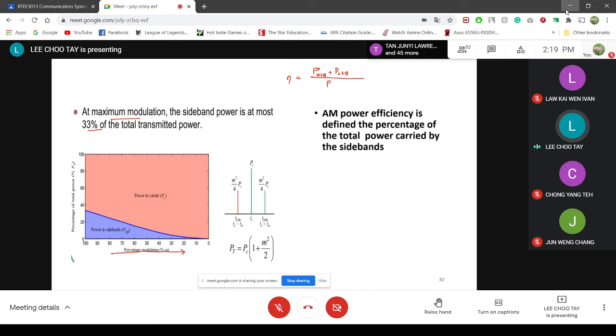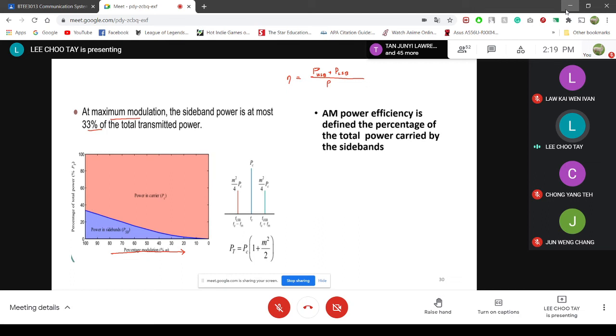And then for sine, what do I get? Sine X sine Y will give me half of cosine of omega C minus omega MT, minus, is it correct?